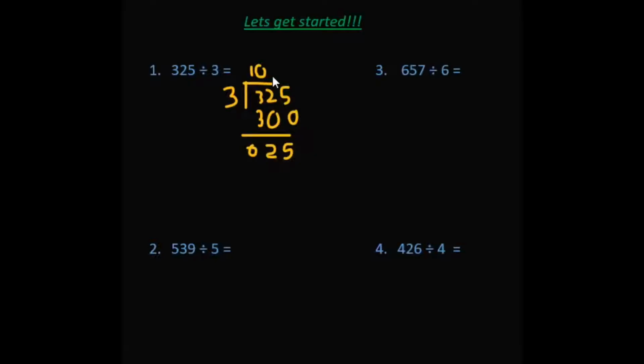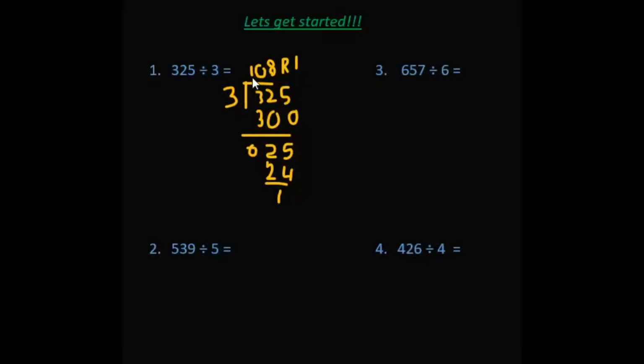Let's put that 8 up here and write down 24. You don't always have to bring that number down; you can just do it the way I'm showing it. 25 minus 24 equals 1. So we have 108 remainder 1.